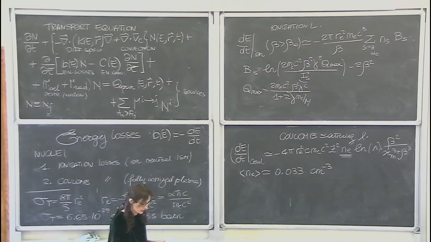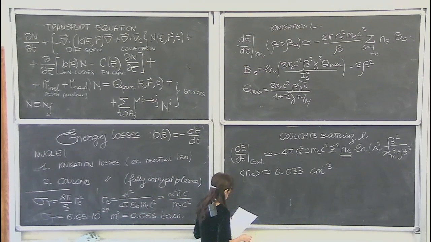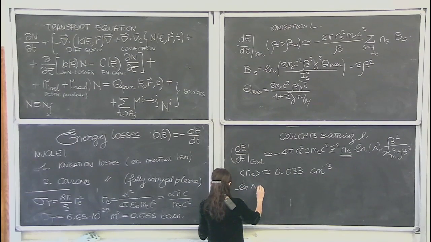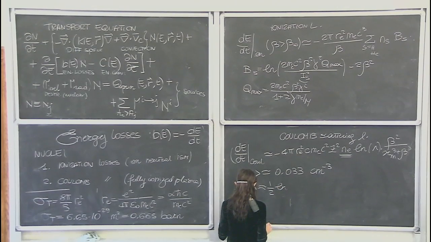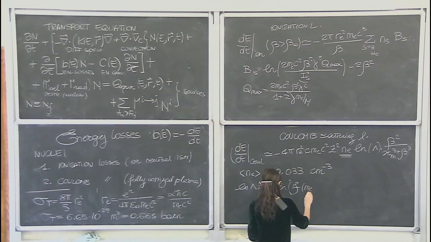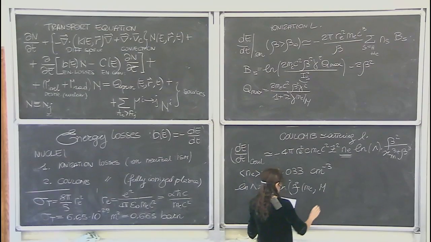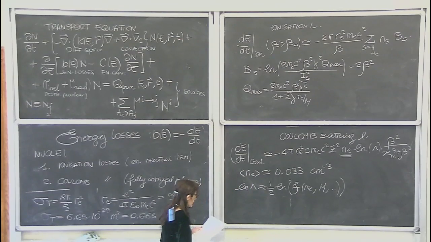This is an average in the galaxy. Then we have other terms. We have this logarithm of lambda, which is more or less 1/2 the logarithm of, let me just briefly write, a function of the electron mass, the target mass, and fundamental constants. So I don't want to spend too much time on this.